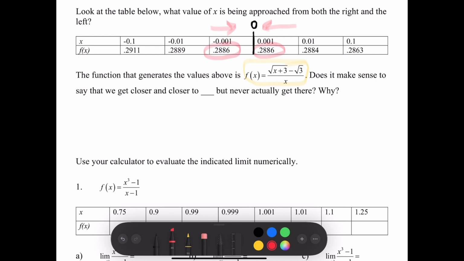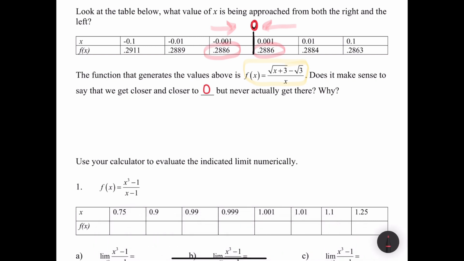So does it make sense that we get closer and closer to 0, right? We're getting really, really close to this value of 0, but never actually get there. And why? Well, if I look at the equation of this function, what would happen as I get closer and closer to an x value of 0, right? Because these are all x values.